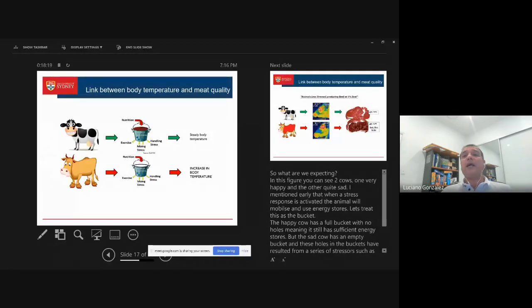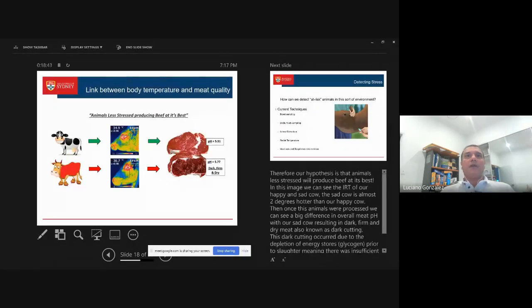And an animal that is stressed also will have higher temperature, because stress increases heart rate and burning up of energy, such as glucose. And we have done a lot of trials trying to measure that link between physiology and the response of the animals.